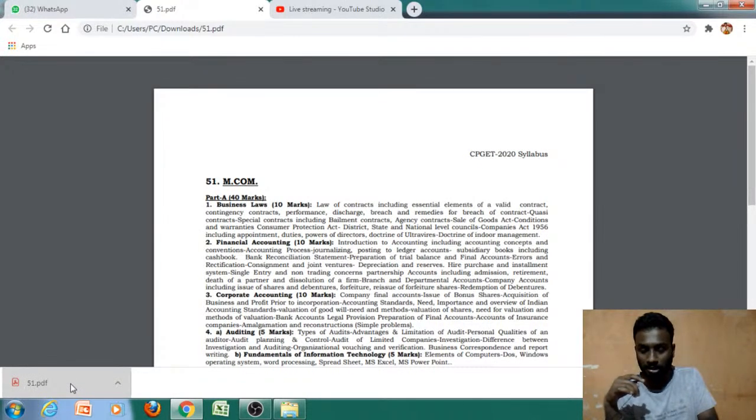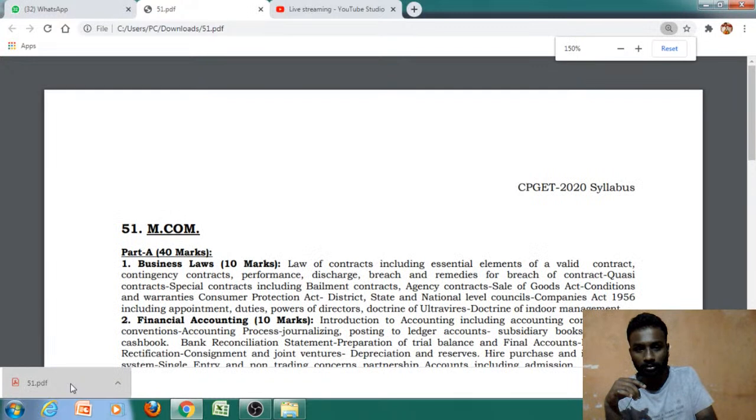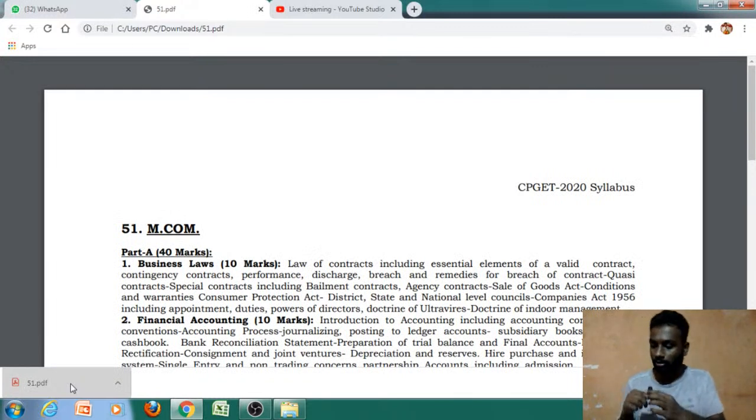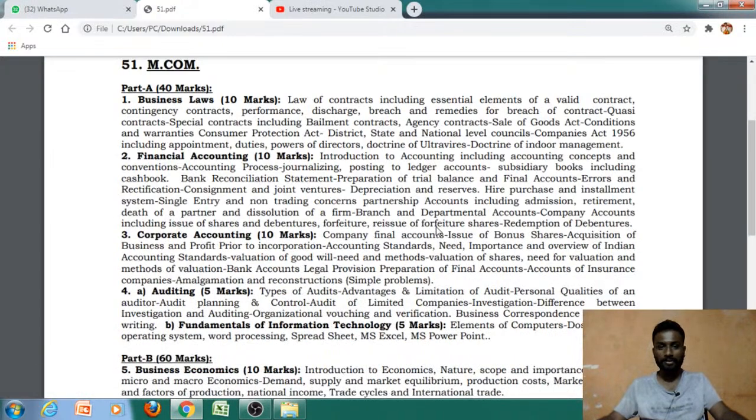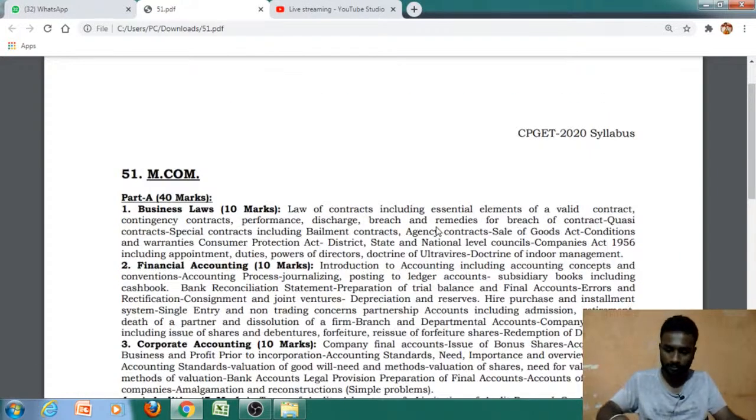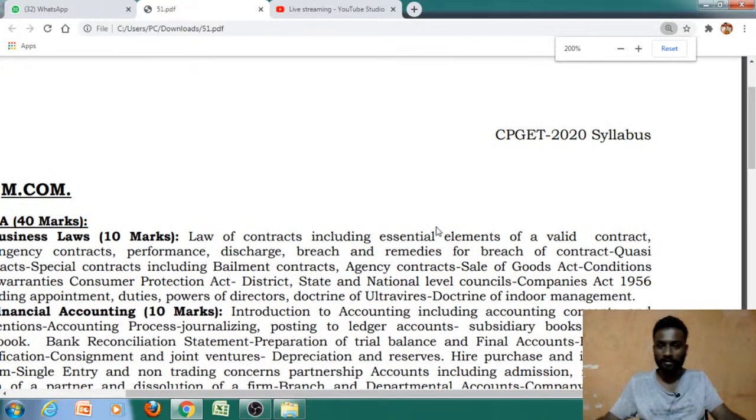I am going to explain the paper pattern. You can see the syllabus copy on the screen as well. You can see some part of the syllabus which is related to the MCOM entrance, CPC syllabus. I guess you are all aware of these things, right?